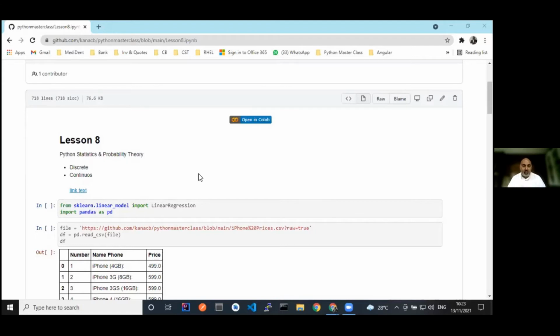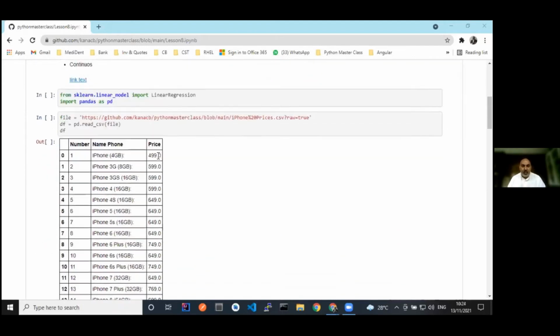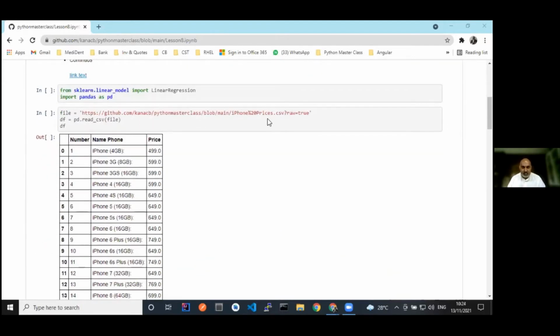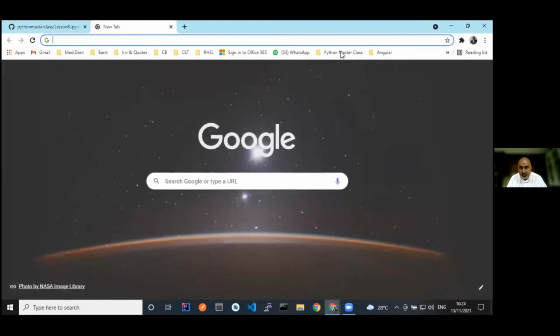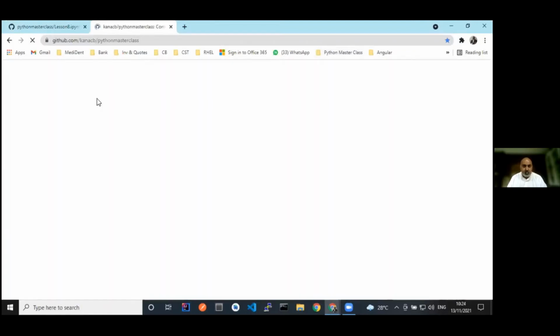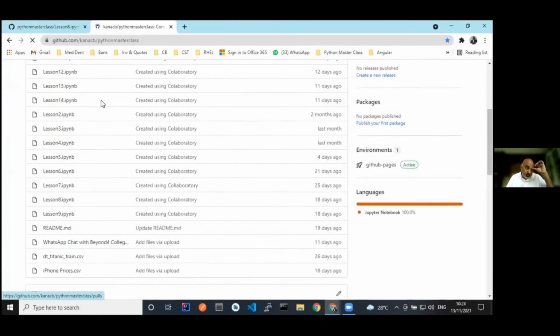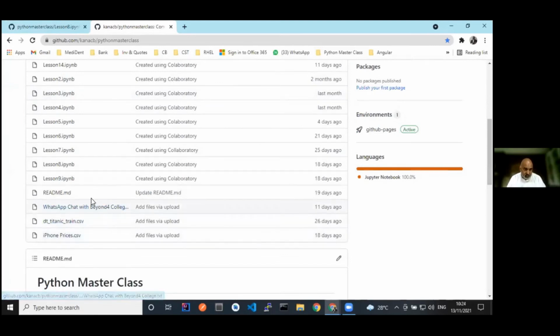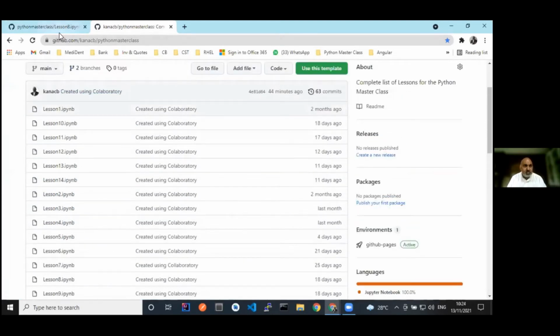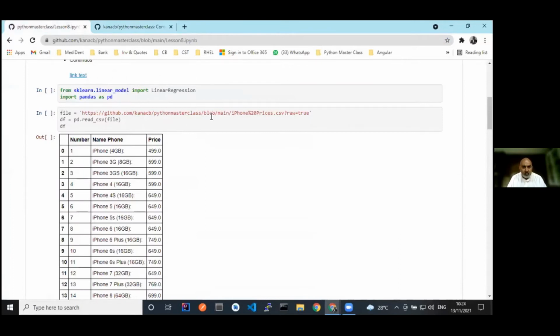Okay, so we're going to do that. And I have the data set already listed inside the GitHub. If you open the GitHub, you will see that the data set is already sitting here. Wait a minute. Where am I? Masterclass, main, iPhone.